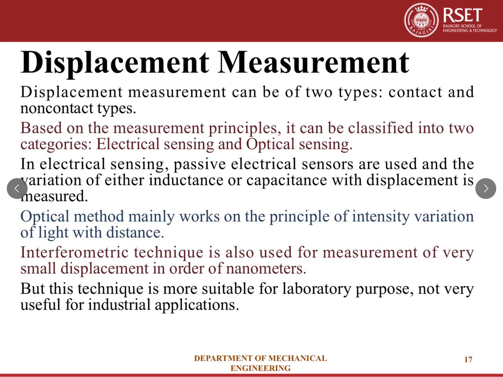The displacement measurement can again be of two types, contact and non-contact. Based on the measurement principle, it can be classified into two categories: electrical sensing and optical sensing. In electrical sensing, passive electrical sensors are used and the variation of either inductance or capacitance with the displacement is measured.